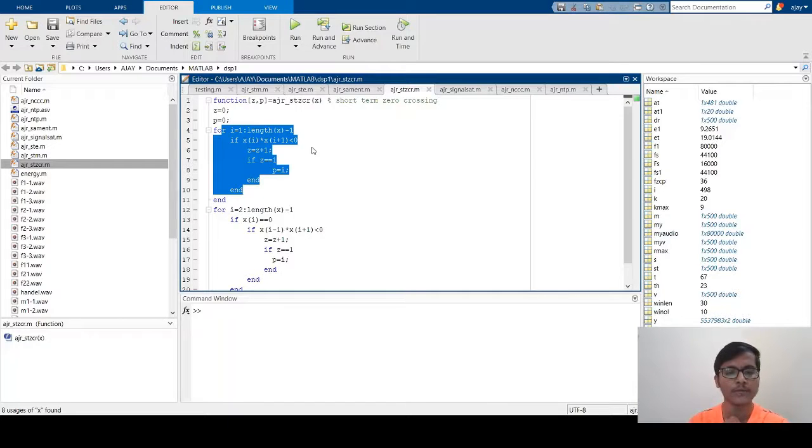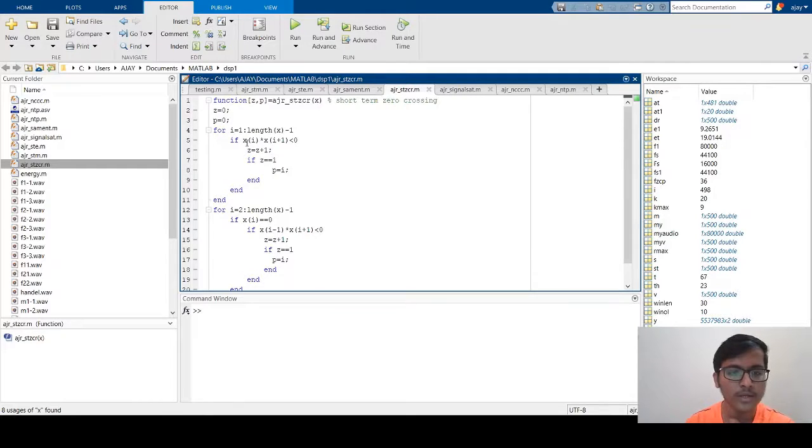If you take the product of 1 and -1, we get less than 0. This shows that in this way we can find the zero crossing. So I am using a similar way here: x of I into x of I plus 1 less than 0. If you get that, I will count z equal to z plus 1, which is the number of zero crossings.